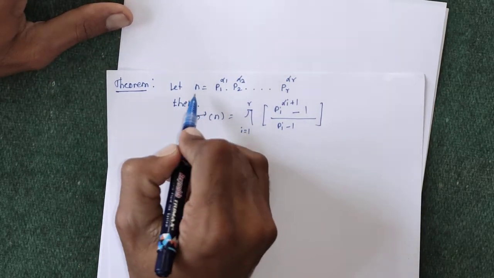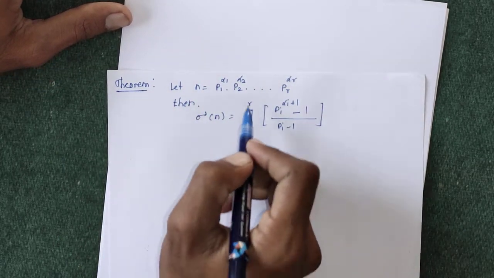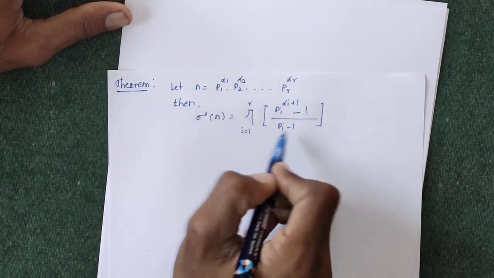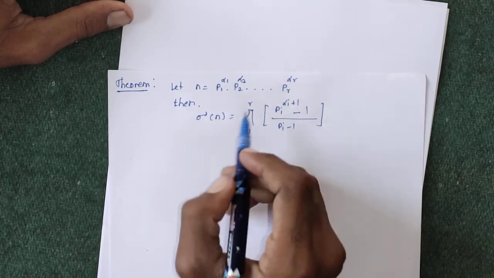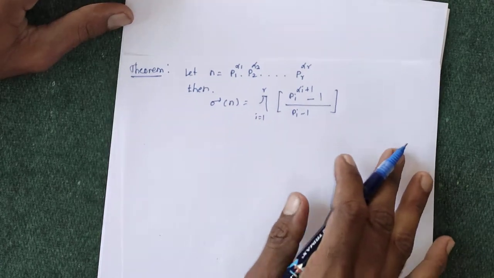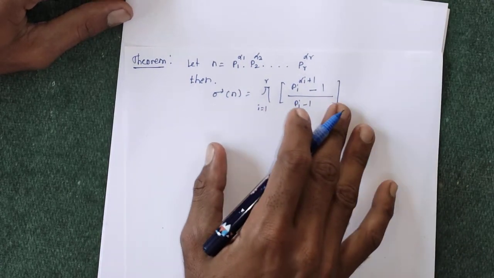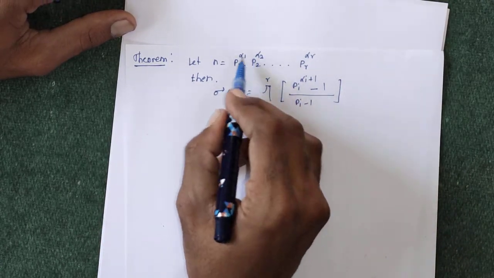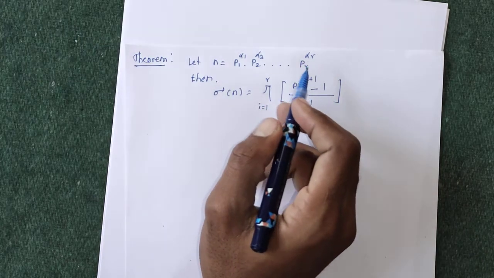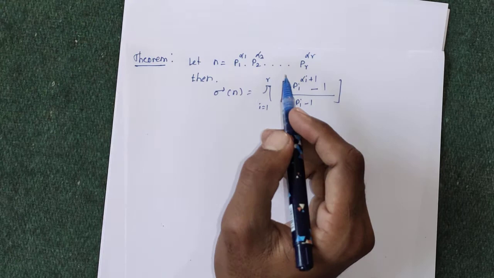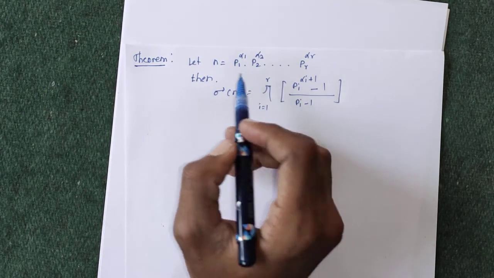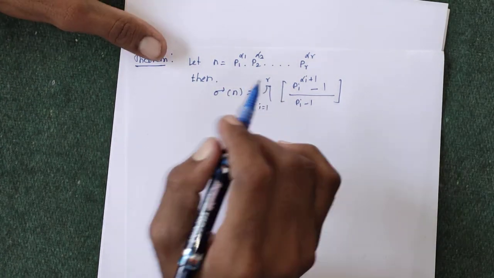Now, we are given the canonical form of n and we have to prove that sigma of n is just the product of this. So, using this formula we can easily find sigma of n for any value of n. For that we have to express n in the canonical form. Now, to prove this result we are given n in the canonical form.